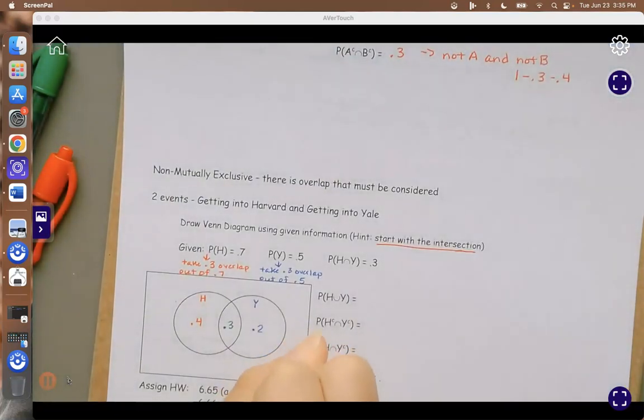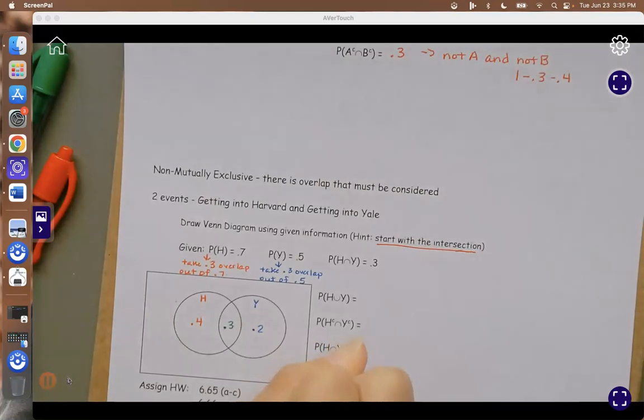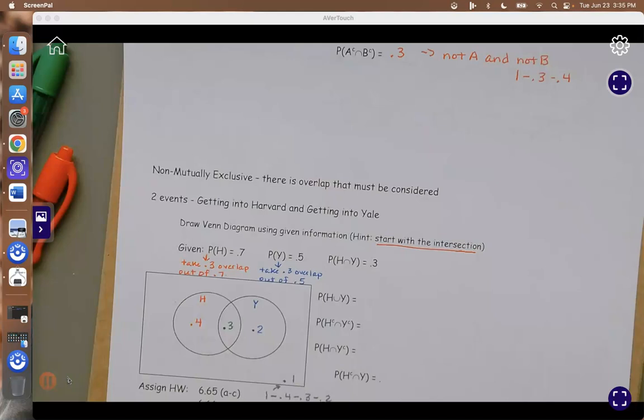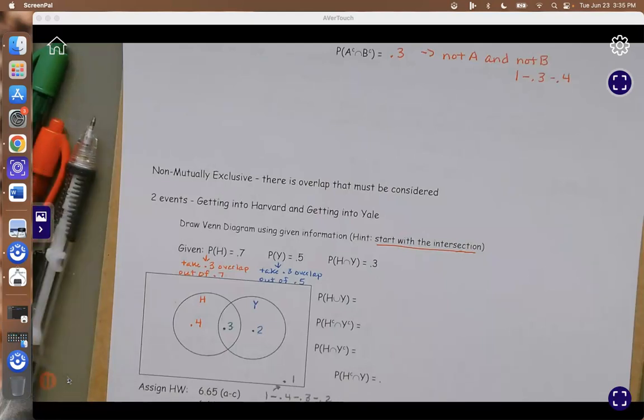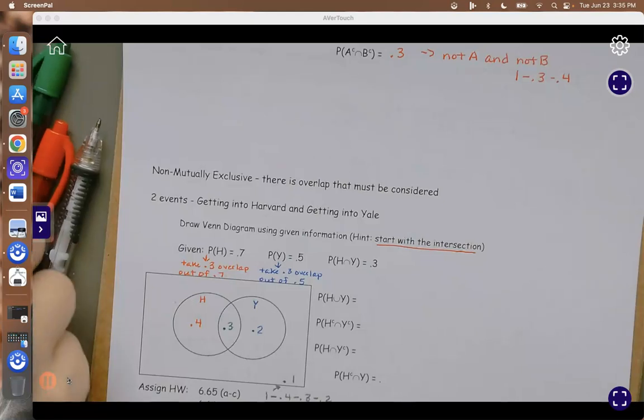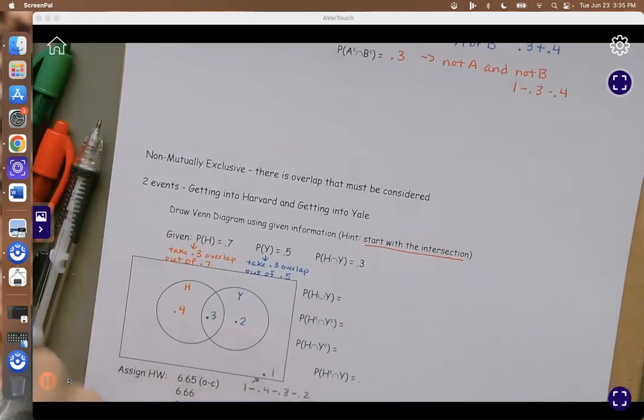So I'm going to do 1 minus 0.4 minus 0.3 minus 0.2, and that gives me the 0.1. Okay, so now, what's the probability of getting into Harvard or Yale? Okay, so this has overlap.